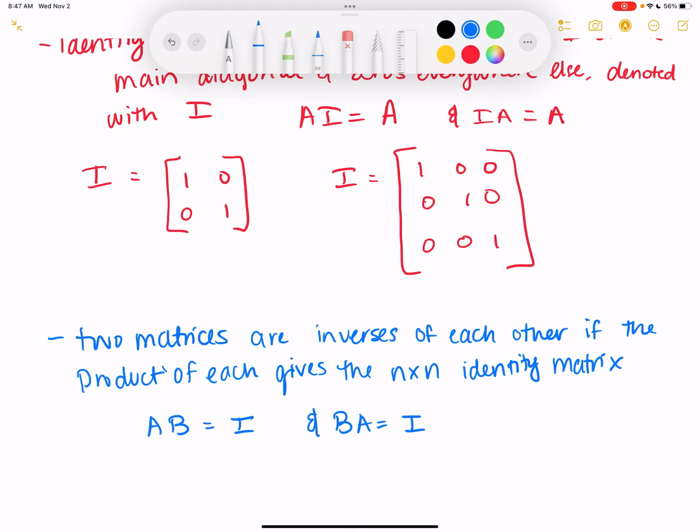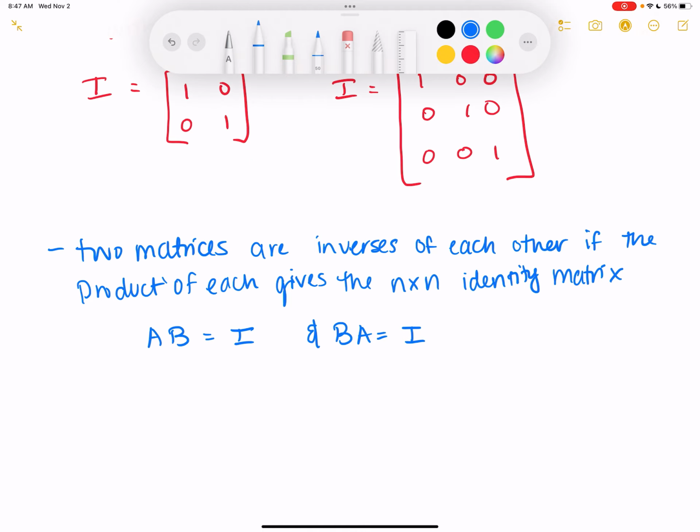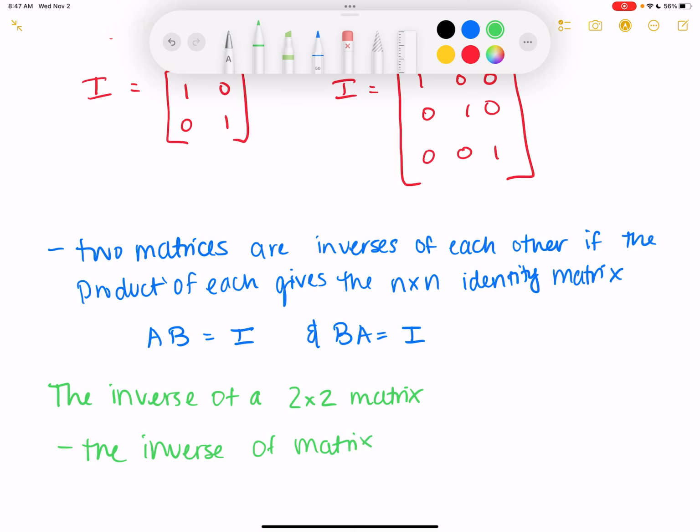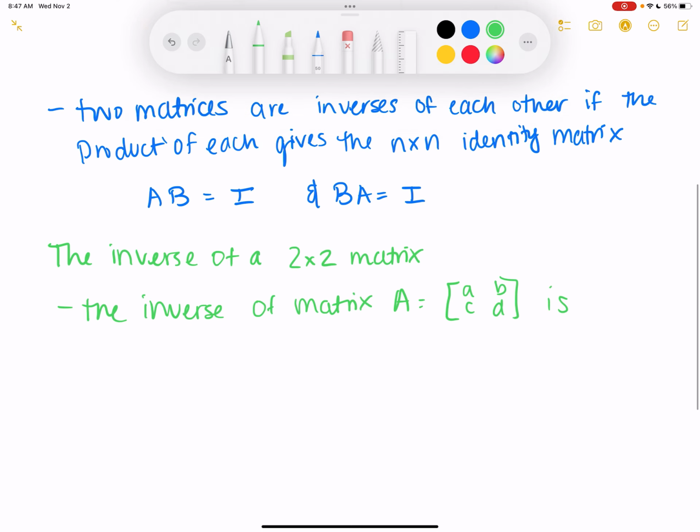So how do we find it? The inverse of a 2 by 2 matrix. I'm just going to put letters in for it, so the matrix is going to be A, B, C, D. The inverse, we write as A to the negative 1.